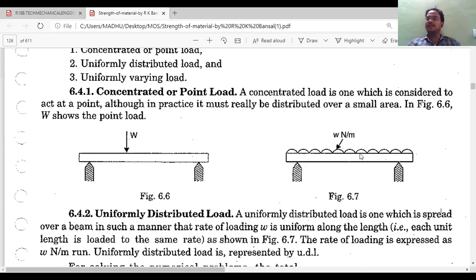The load that is acting is so many newtons per meter, and in order to convert this into a point load, the effect of this UDL will be at the center. So newton per meter multiplied by the total length, then the concentration will be at the center point, the middle, and that can be shown here.